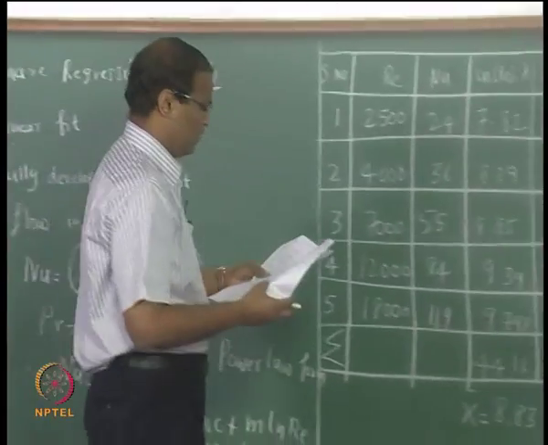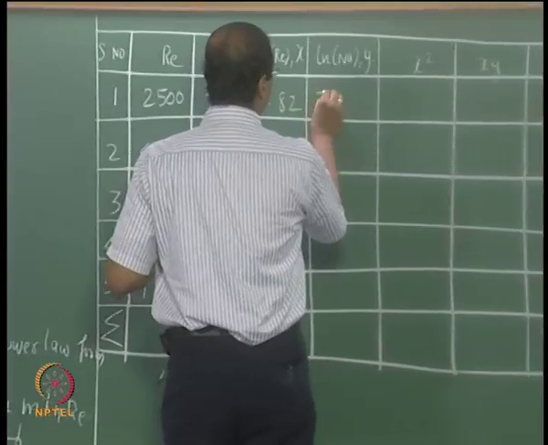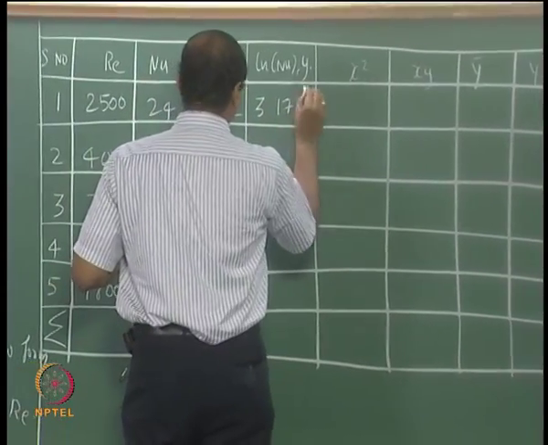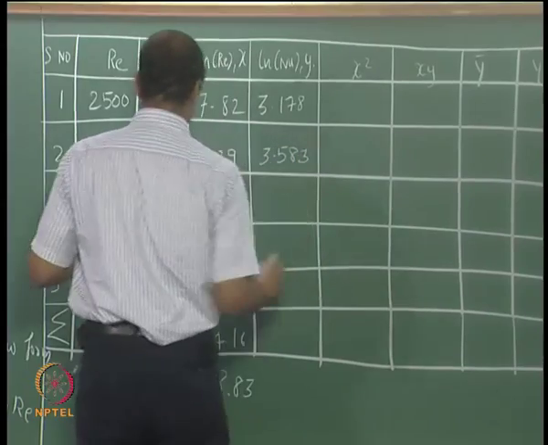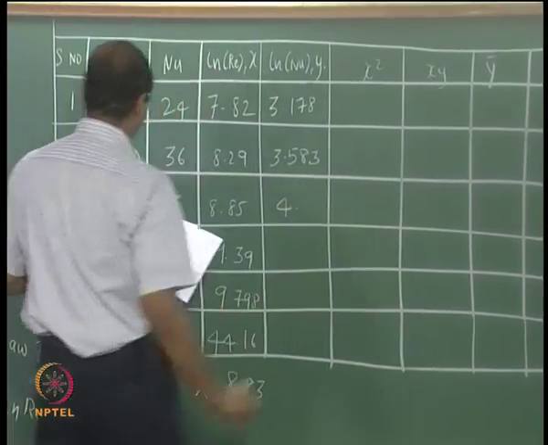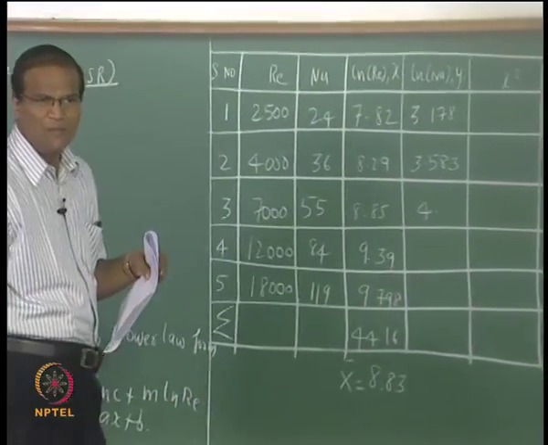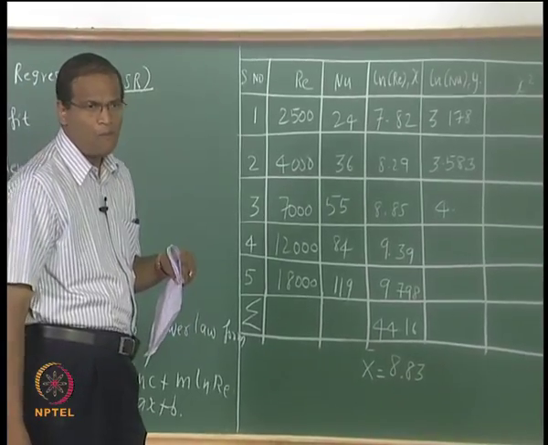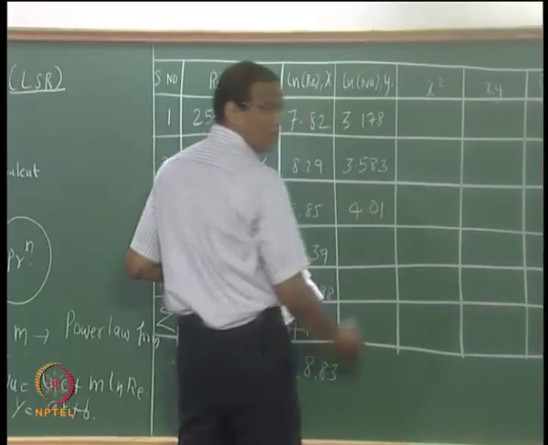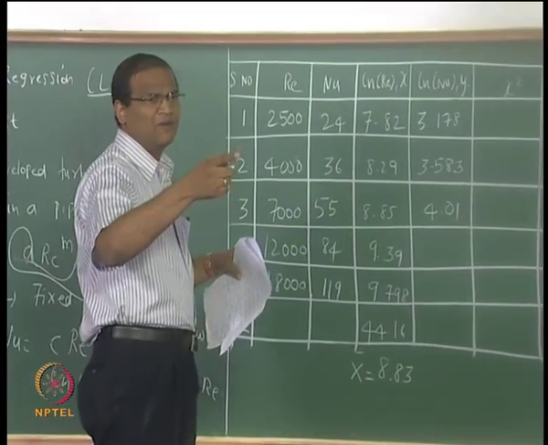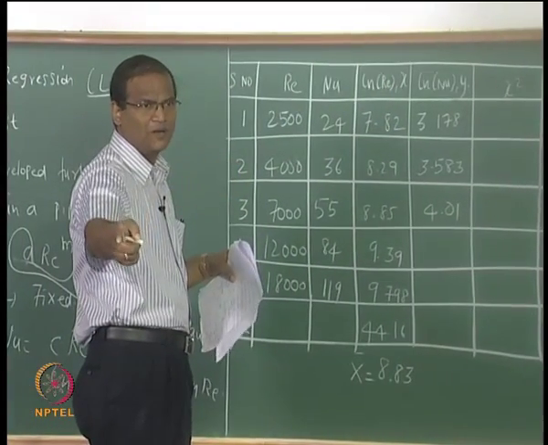Okay. So if you look at this, 55 is 4.01, is it? Okay, 01. You are able to see, Vikram? Or you want to come here?